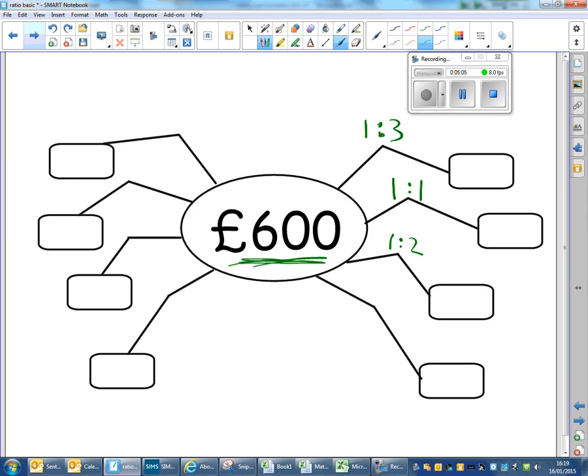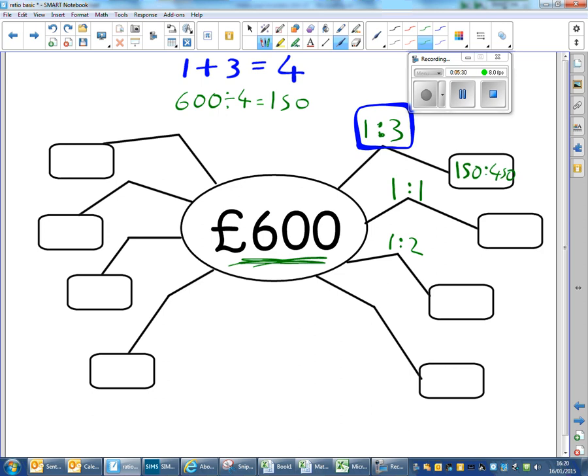So for the first one, 1 to 3, I first of all say 1 add 3 gives me 4, and then I say 600 shared between 4 gives me 150, and then I split it into the ratio of 150 to 450.